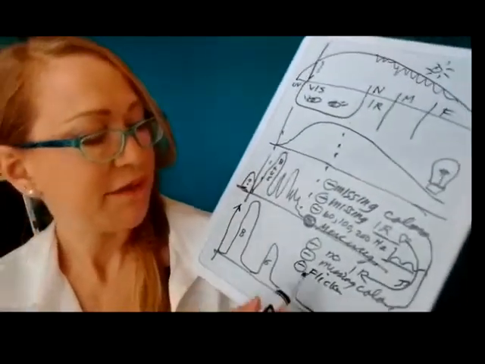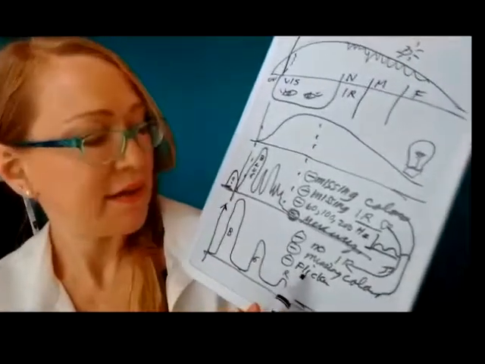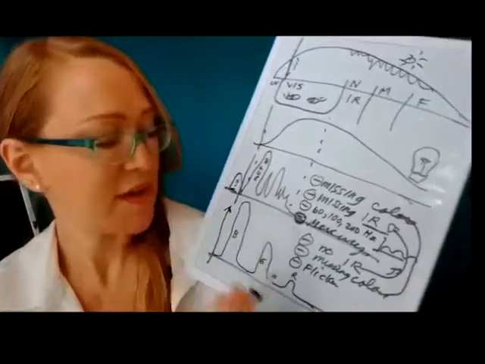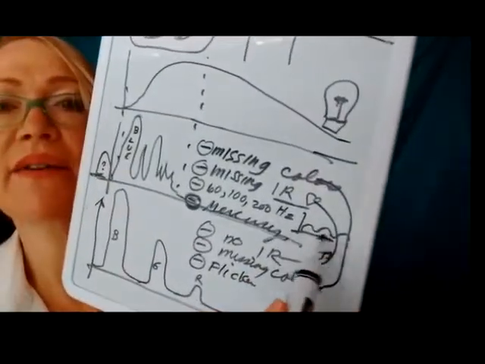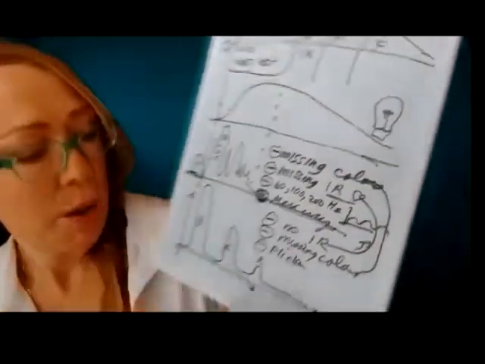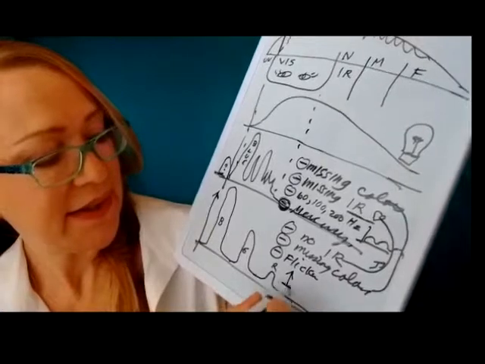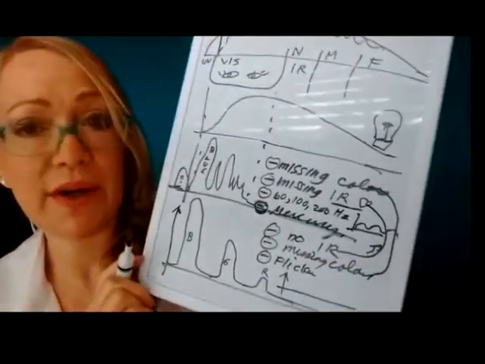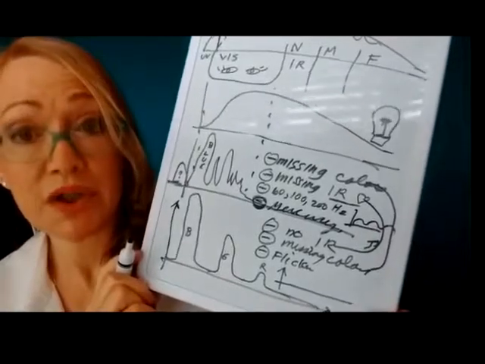And I'm going to say that the flicker of LEDs is worse than the flicker of fluorescence, because fluorescence, as you remember, has a sine wave. See the sine wave that it flickers on off very gently? But the flicker of LEDs, and the way the flicker is generated, is called pulse width modulation.